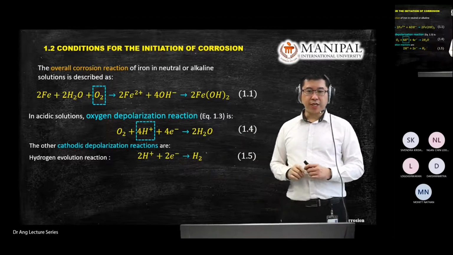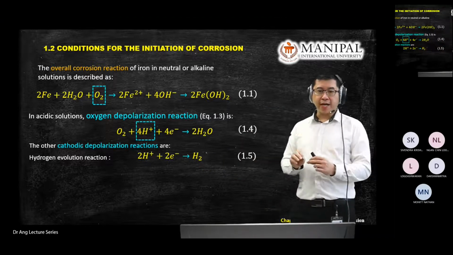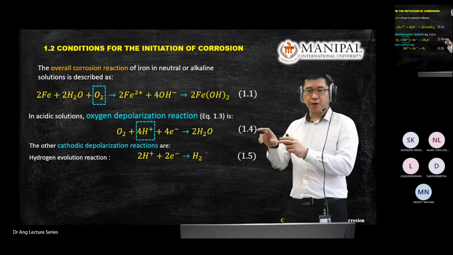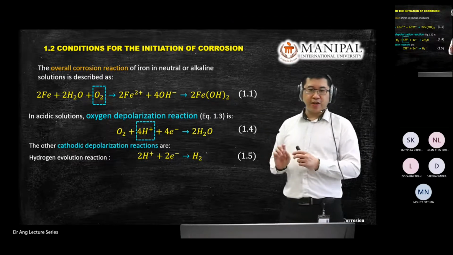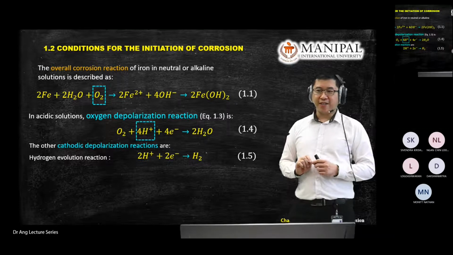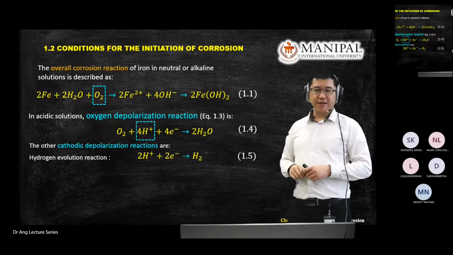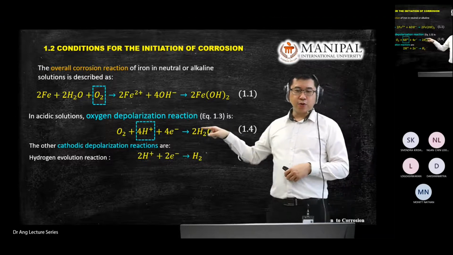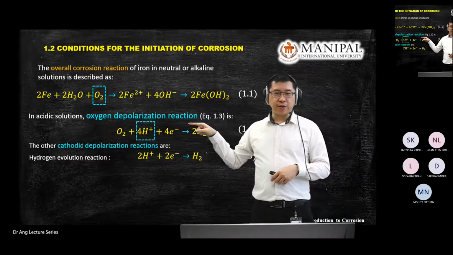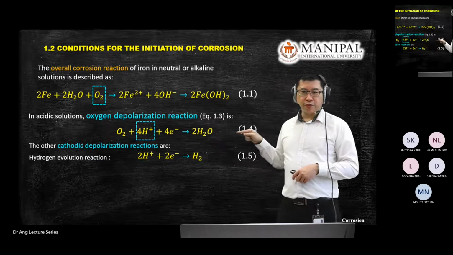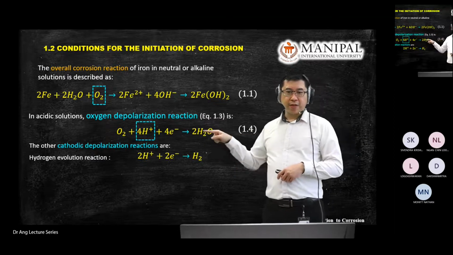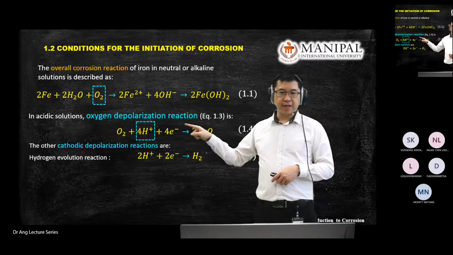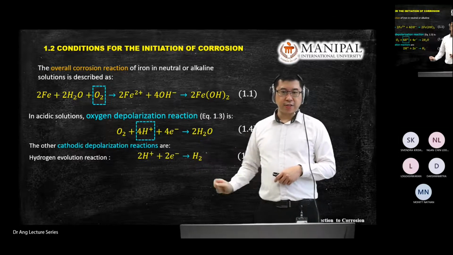It means if the question asks you to write a depolarization, for example, for oxygen, for hydrogen, for other gases, for nitrogen, give you a hint. How do you know you write the correct equation? You look at equation 4 and 5. What is the similarity between the two? What is the same thing? It is the electron charge.